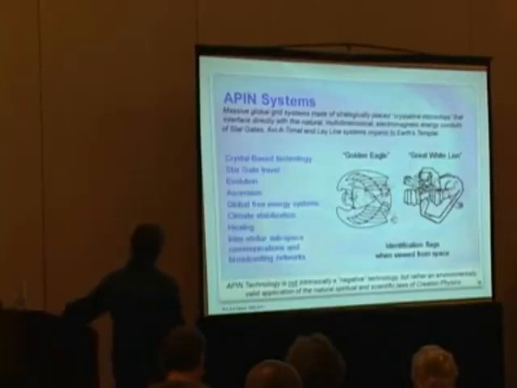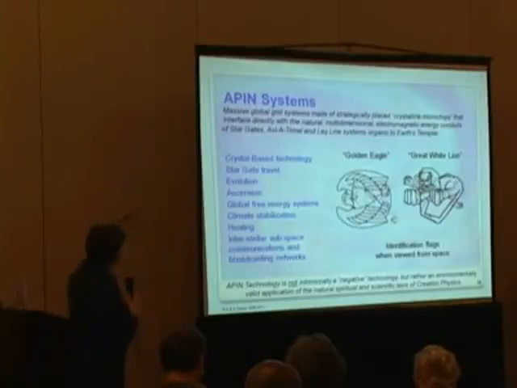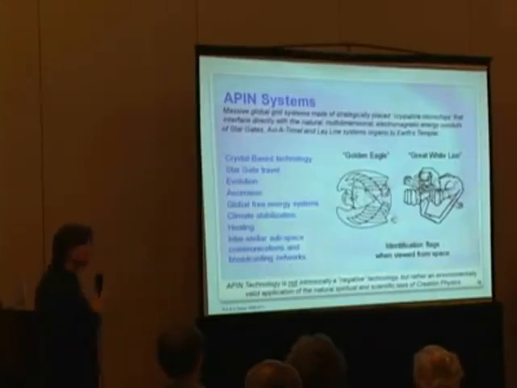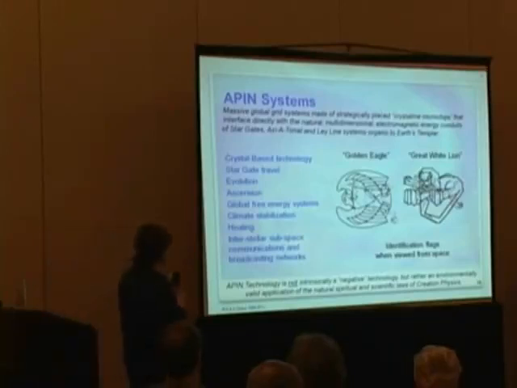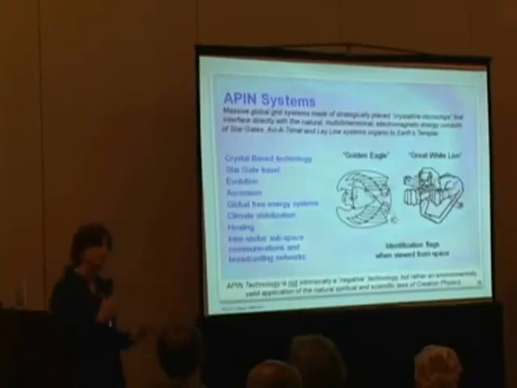So we know they're a crystal-based technology. They were used for stargate travel, evolution and ascension, global free energy systems, climate stabilization, healing, all kinds of things. It's not an intrinsically negative technology. It just depends on how it's used and who's using it.